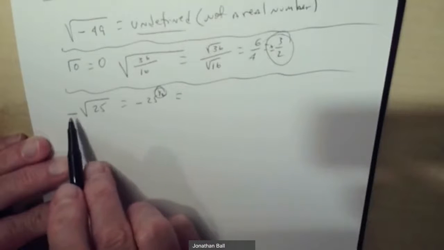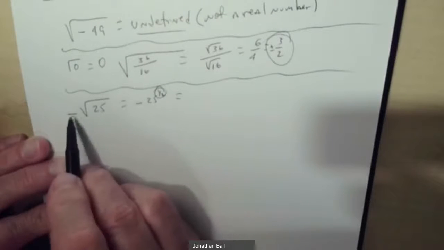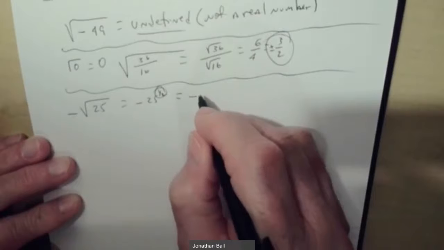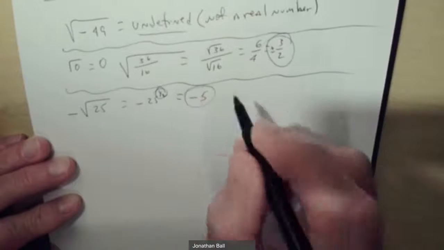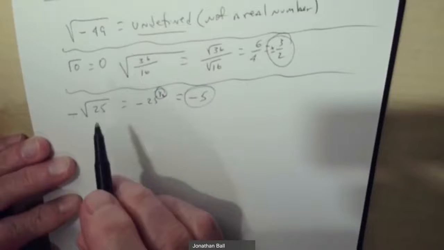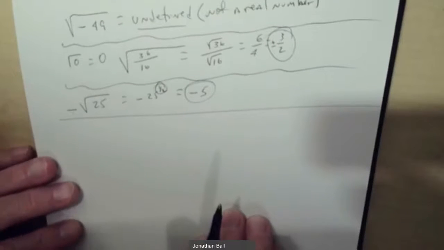So what's the last thing we would do here? Add and subtract. So what this really says is subtract the square root of 25. So our answer here is negative 5. When the negative is on the outside of the radical, all that means is to subtract that.